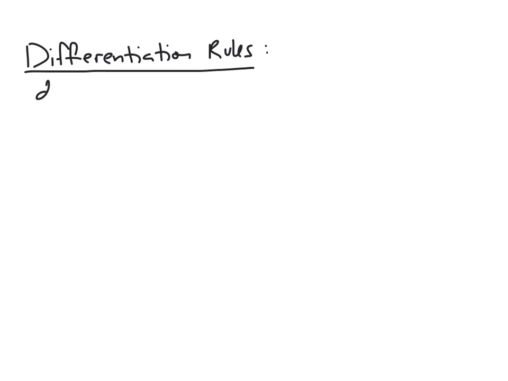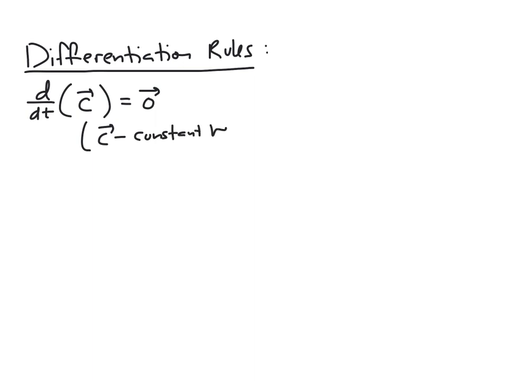So we'll start off with an obvious one, and that is if I take the derivative of a constant vector, c, we get the 0 vector. All right, so here c is a constant vector. So this is analogous to the derivative of a constant being 0 in Calc 1.